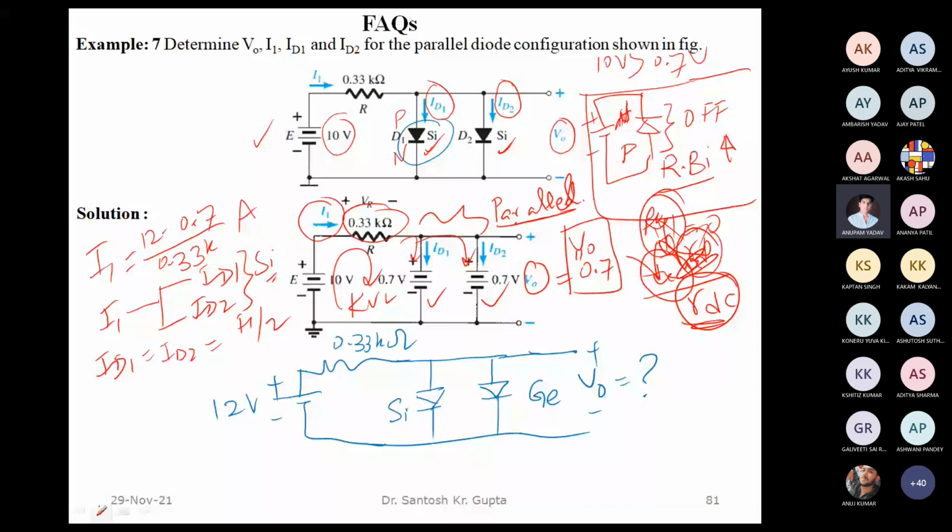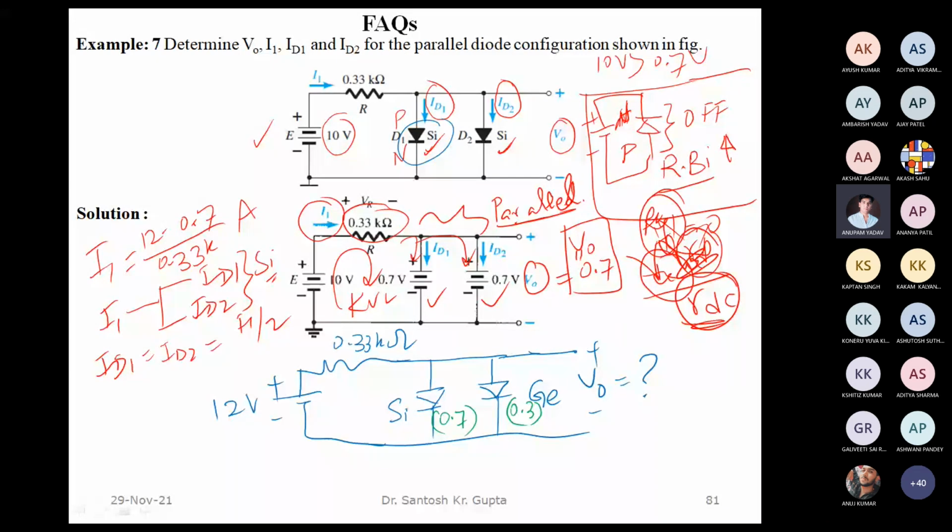Sir, the higher one. Suppose 0.7 volt is the cutoff voltage, or the potential barrier, of the silicon, and that of the germanium is 0.3. So who is answering here? Bharat. Okay, Bharat, you are saying that the higher voltage, that is 0.7 volt. Yes, sir.